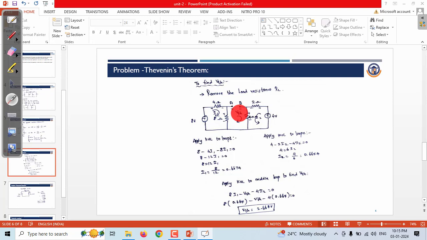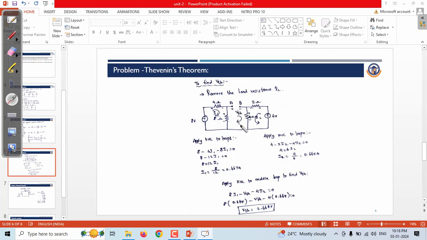The next one is the middle loop. Applying KVL to the middle loop to find VTH. We have two resistances, one is 8 ohm and the other 4 ohm, and a VTH. So 8 into I1 minus VTH minus 4 I2.